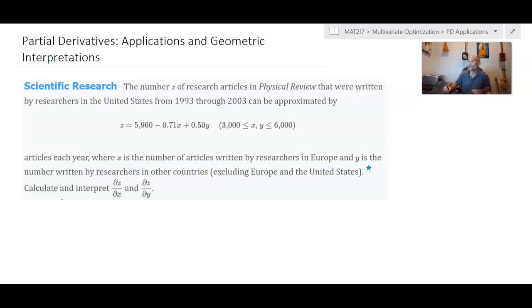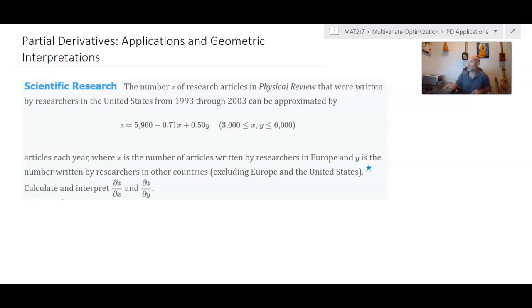So basically the output of this function will tell us the number of research articles in the US based upon how many articles were written in Europe and other countries excluding Europe and the United States.